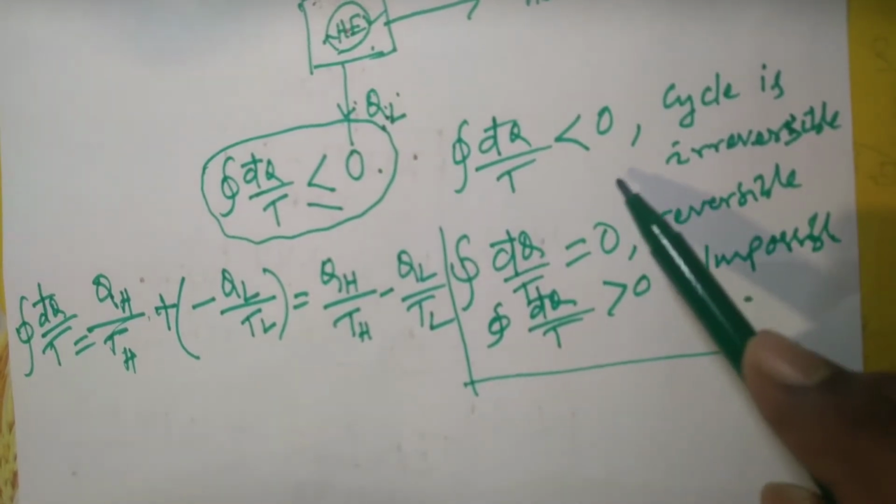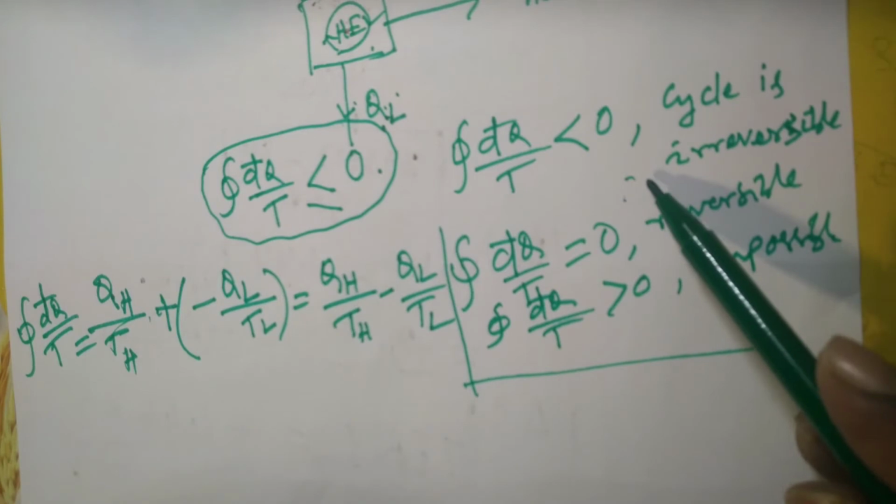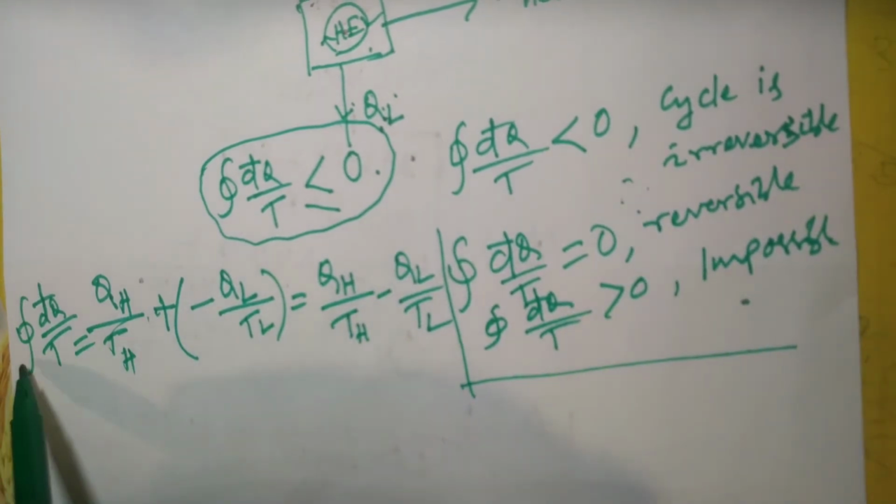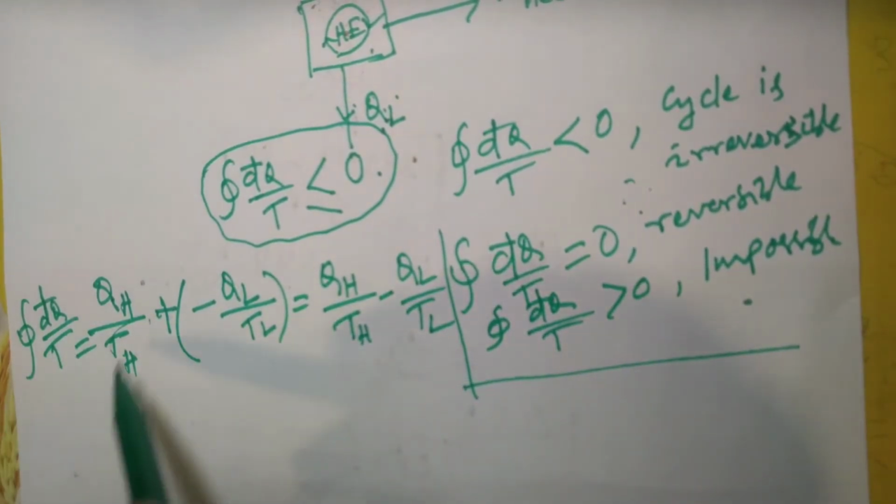So this is the condition according to Clausius inequality. By determining the cyclic integral of d cut Q by T, we can conclude.